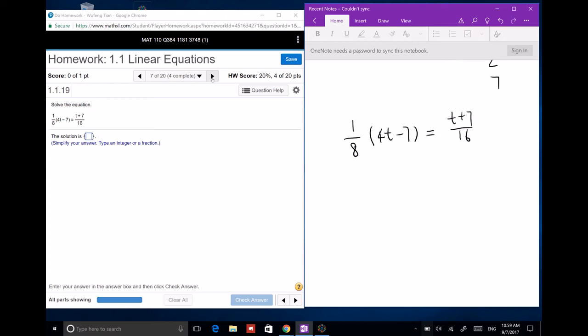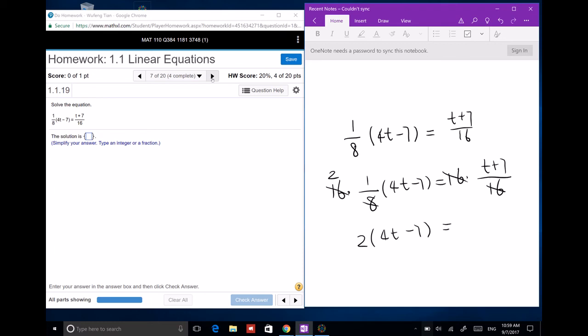So both sides have denominators. You multiply both sides by 16: 16 times 1 over 8, 4t minus 7 equals 16 times t plus 7 over 16. The reason I multiply both sides by 16 is because I want to cancel the denominators. So this cancels to 2, this cancels to 1. So you get 2 times 4t minus 7 equals t plus 7. Then you just solve for t.